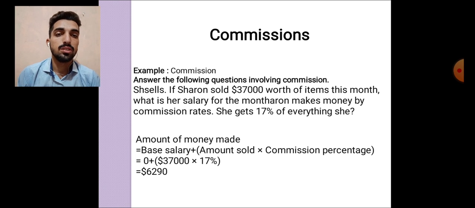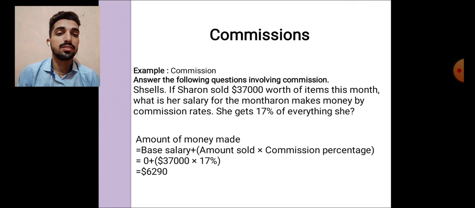Commissions. Example: answer the following questions involving commission. If you sold 37,000 worth of items in the month, what is the salary for the month? She makes money by commission rates.